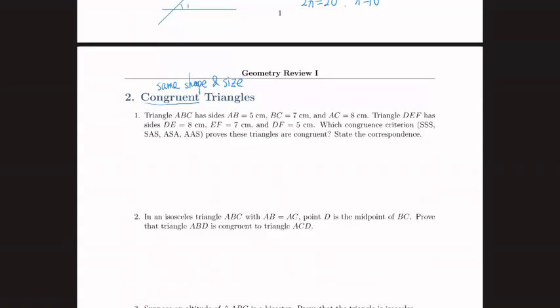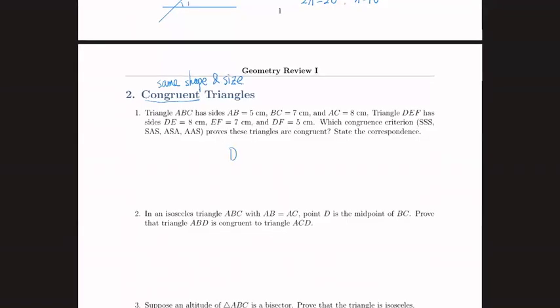Okay, so let's go step by step. DE corresponding to AC, EF to BC, and DF to AB. Now the vertices.